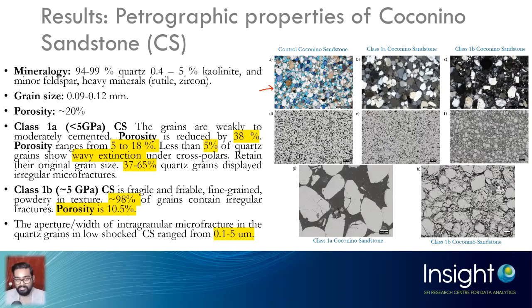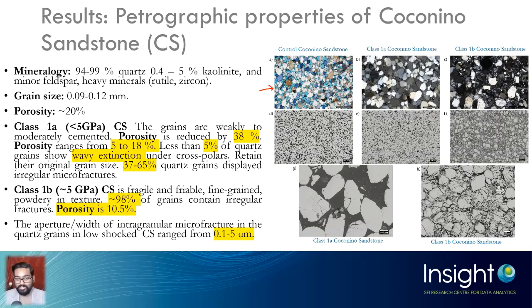And then next, in B, you see the class 1A Coconino sandstone where porosity is almost reduced, and then in class 1B pores are collapsed, and we see more prominent irregular grain fracturing.